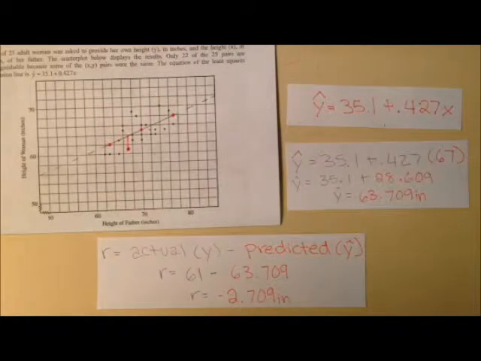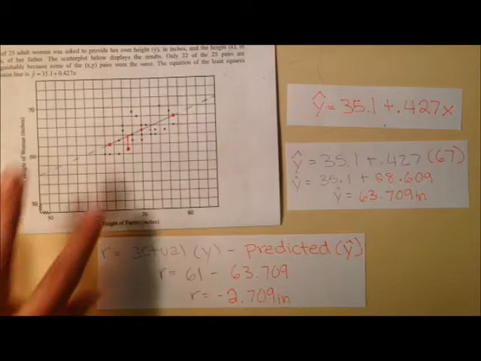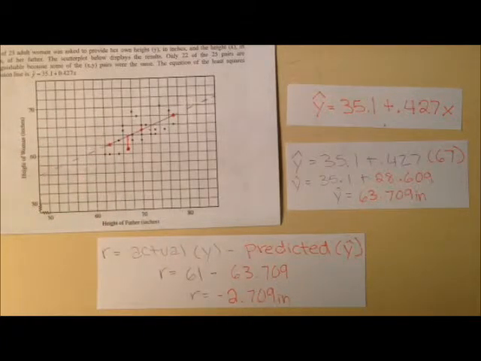The residual value is negative, which tells us that the actual point is below the least squares regression line, which is clearly shown in the graph. This is because the residual value stands for the difference between the actual and predicted.